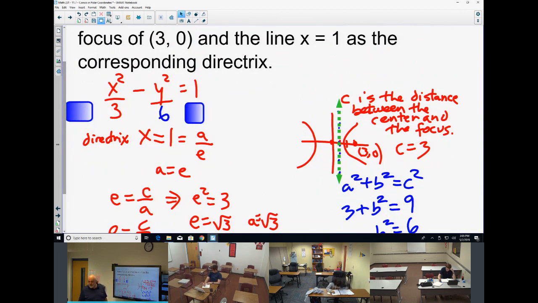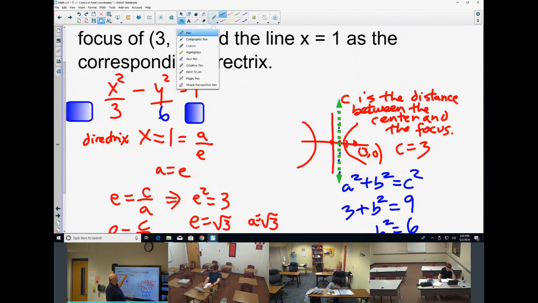Also, when you have an ellipse, this formula here is different, because remember, when we have an ellipse, it's A squared minus B squared equals C squared. So those two signs change with an ellipse. All right, so see if you can put it together and do practice 1.